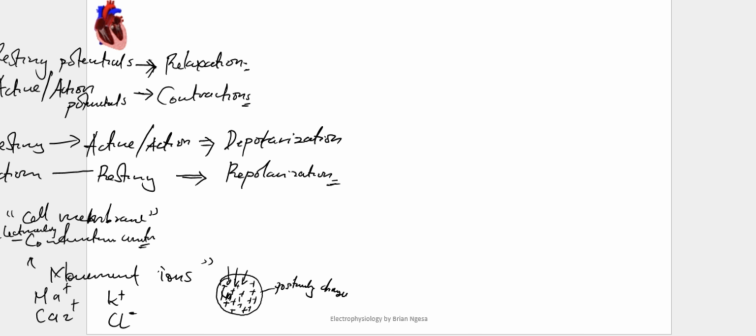You are able to say that because we are having excessive accumulation of positive ions or cations. So one of them could be sodium. Of course, you could also be having something like calcium.